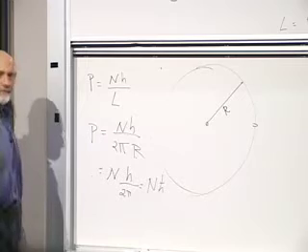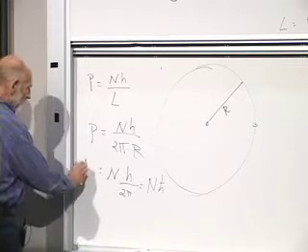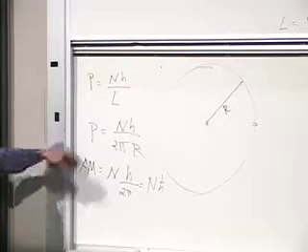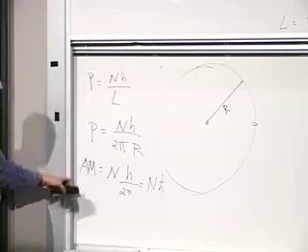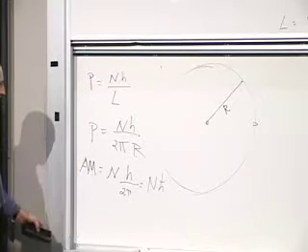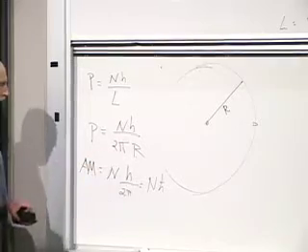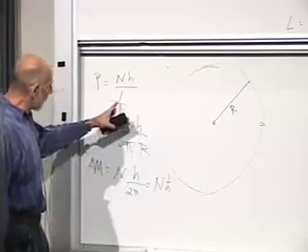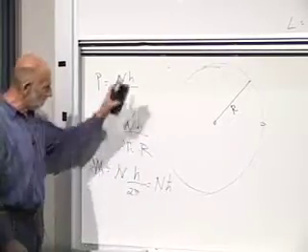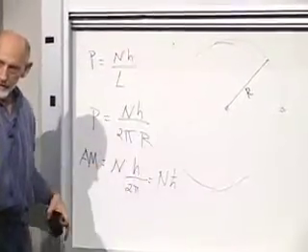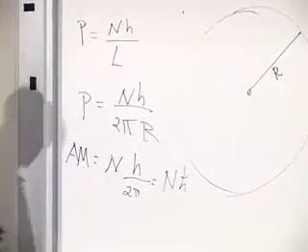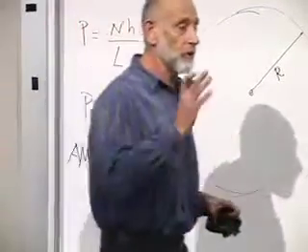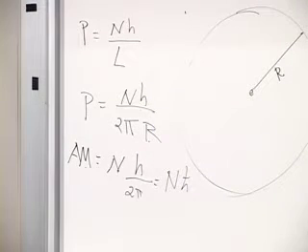Angular momentum, AM. We'll eventually change that. I don't like that, but for the moment, angular momentum is n times h bar. Momentum is quantized in this periodic world, but the unit of momentum depends on the length around the circuit. The angular momentum is quantized, but always in units of h bar.